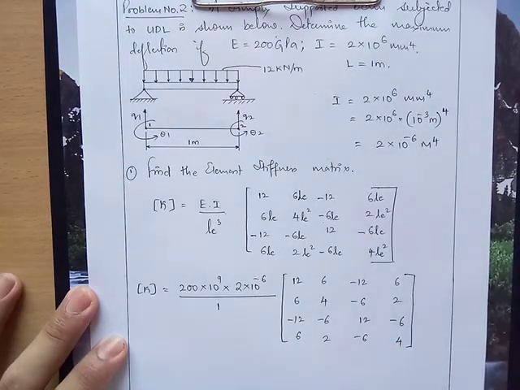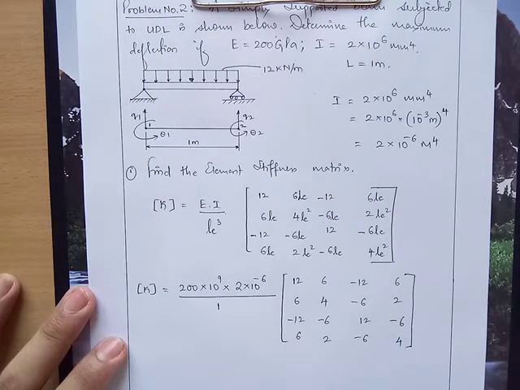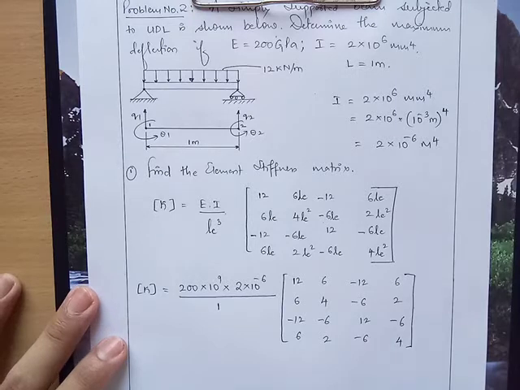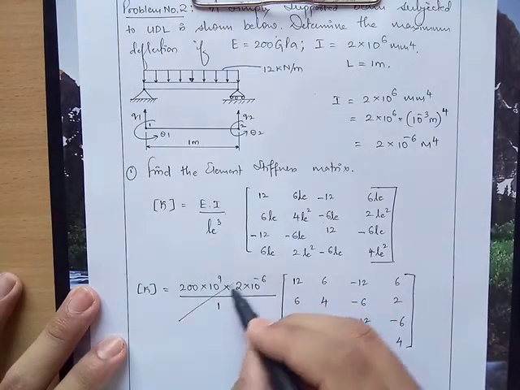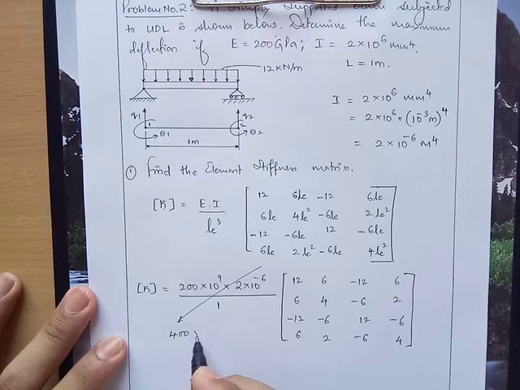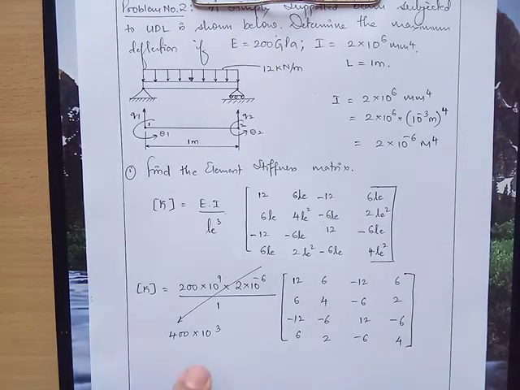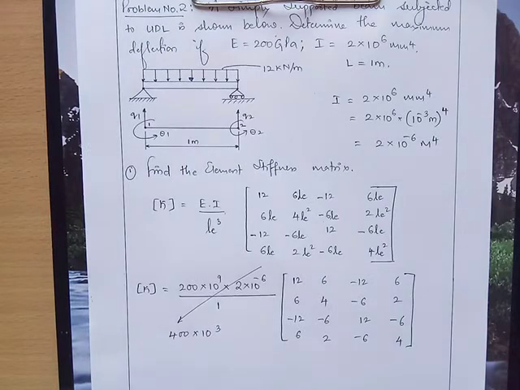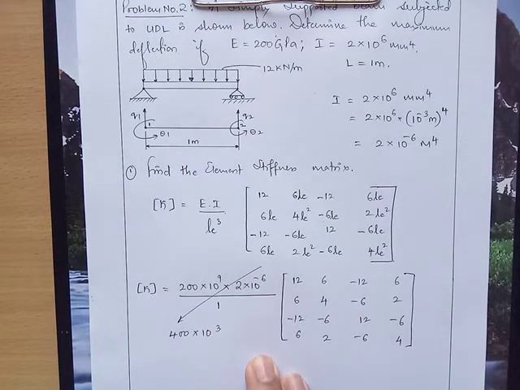So these are the values you get if you put the length of the element as 1 meter. Now this entire simplification, this part, comes out to be 400 into 10 raised to 3. So this is your first step, which is finding the element stiffness matrix.